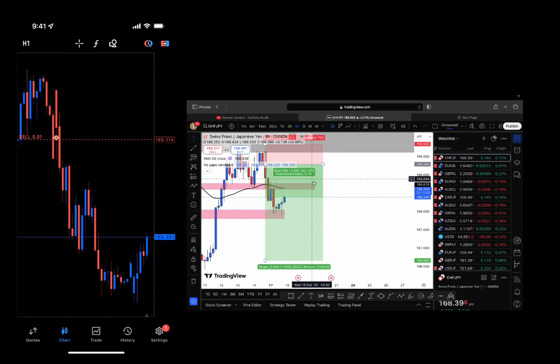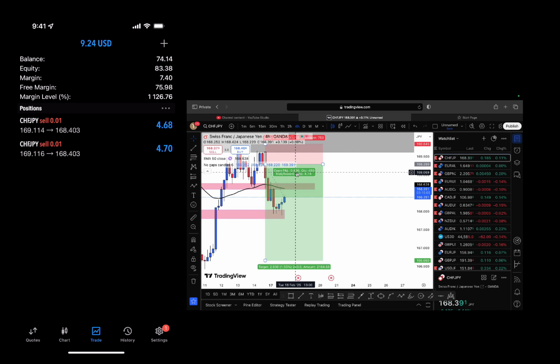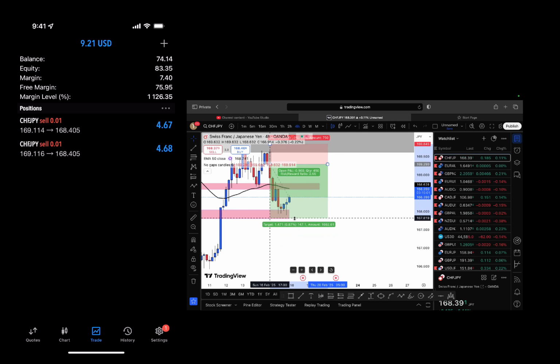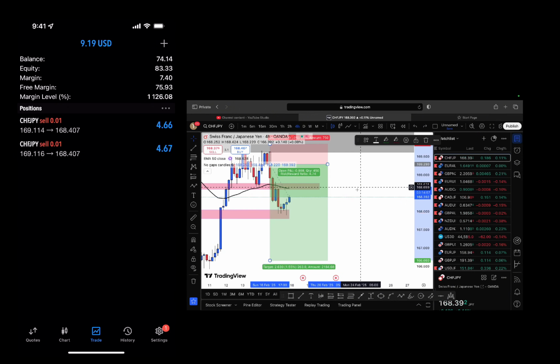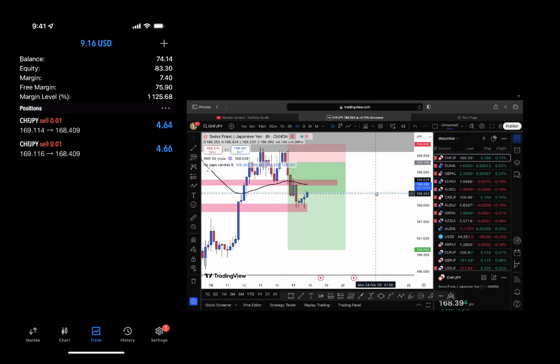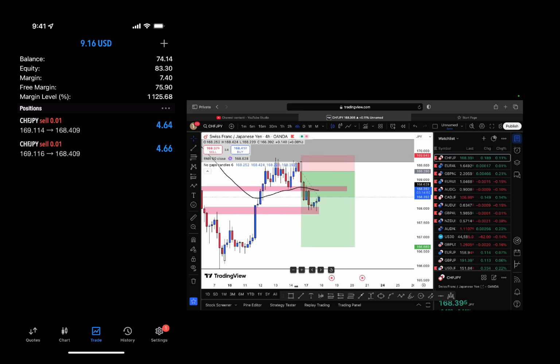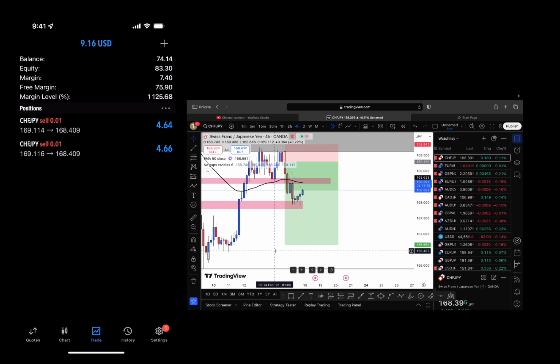I'm still holding the trade, as you guys could see. I'm up about $9. I could have closed at a 2 to 1 on this trade, but I'm not gonna do that. I want to hold the trade to see if it could potentially hit my original level of take profit.